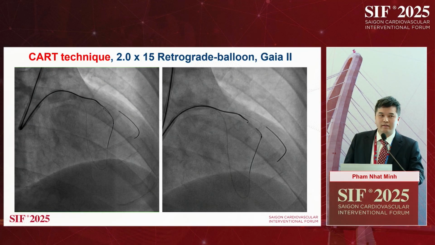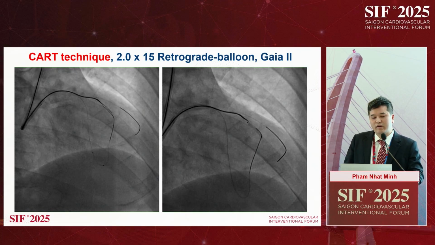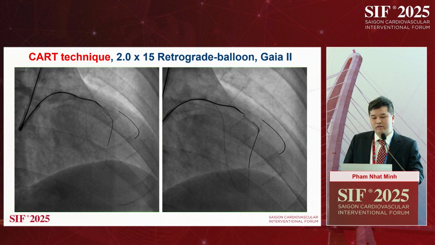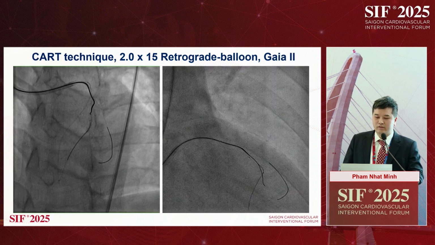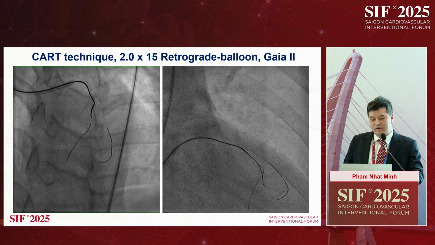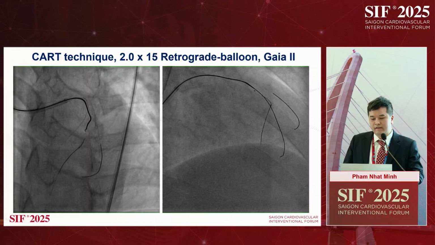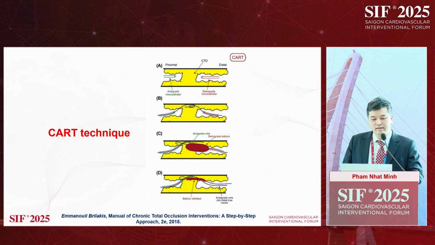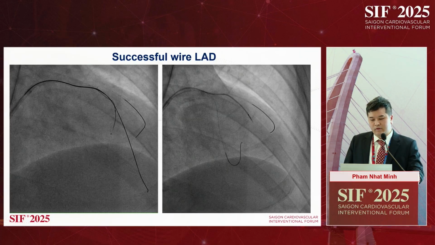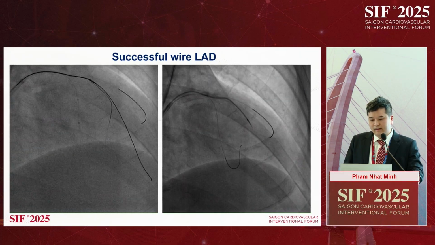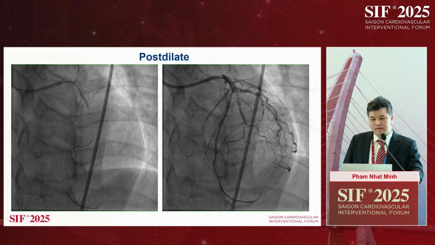We tried to advance the antegrade wire, which is not quite clear in the CTO body, and then we went retrograde with the 2.0 balloon and tried to do CART. But this time, very luckily, the antegrade wire could go to the distal part of the CTO body, and afterward the wiring of the LAD was successful, and finally it was the stenting.